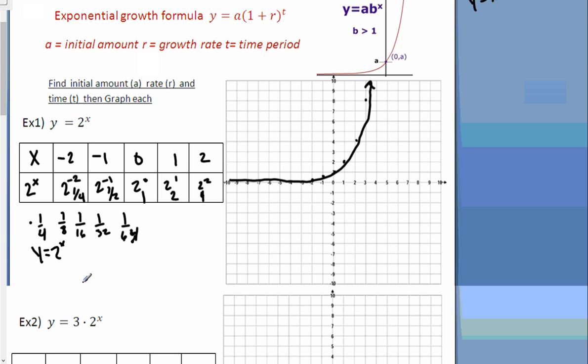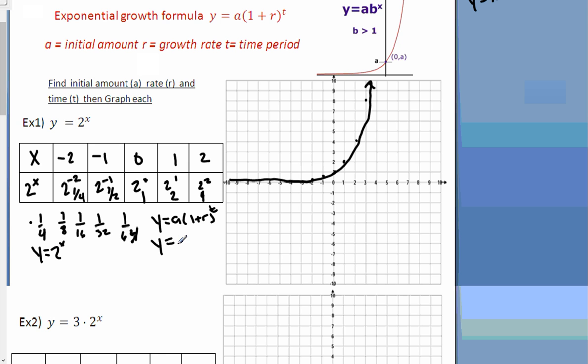So here's the first things first. I'm going to write that out so I can see it. Y equals a times 1 plus r to the t power. All right? Now, this becomes y equals something times the number to a power. If I was to multiply 2 to the x times something, what number would be in front of here?